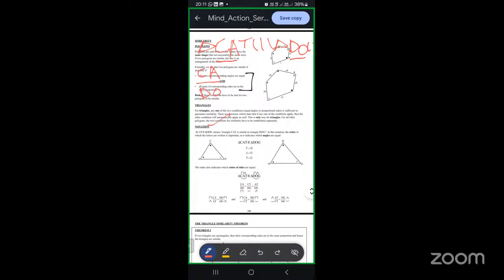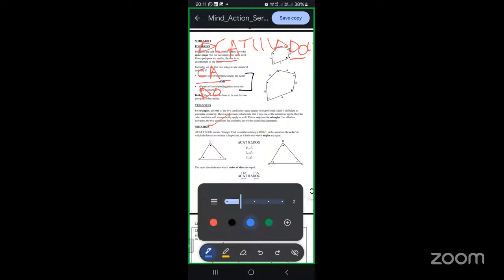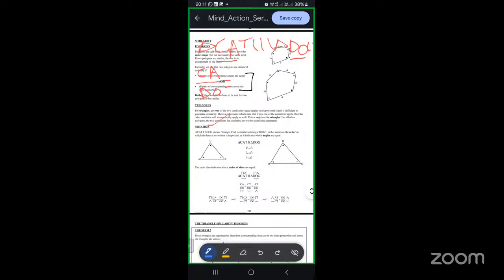That will be equal to the last two letters, AT, over the other last two letters, OG.